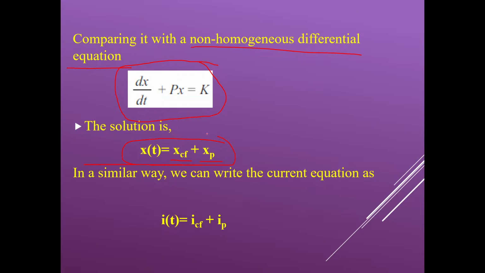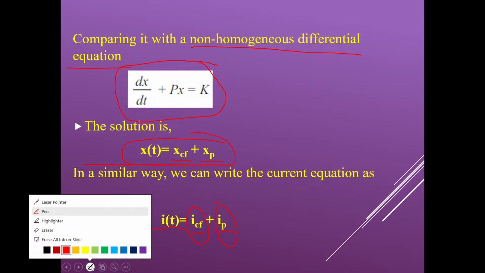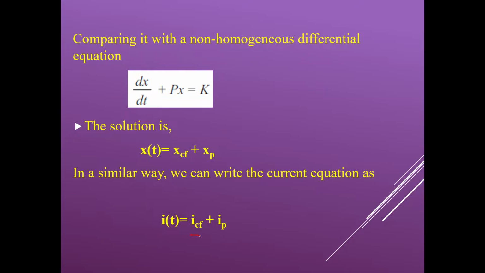The solution for equation 1, with x meaning i, is i of t equal to ICF plus IP. So the current will have two parts, complementary and particular. Just write it down quickly.